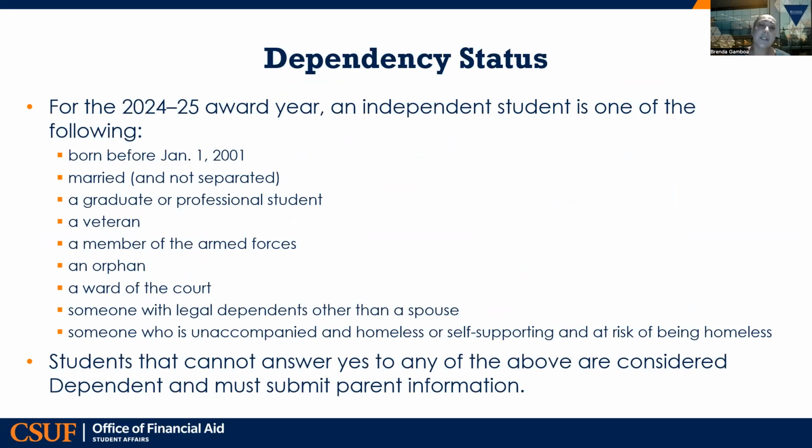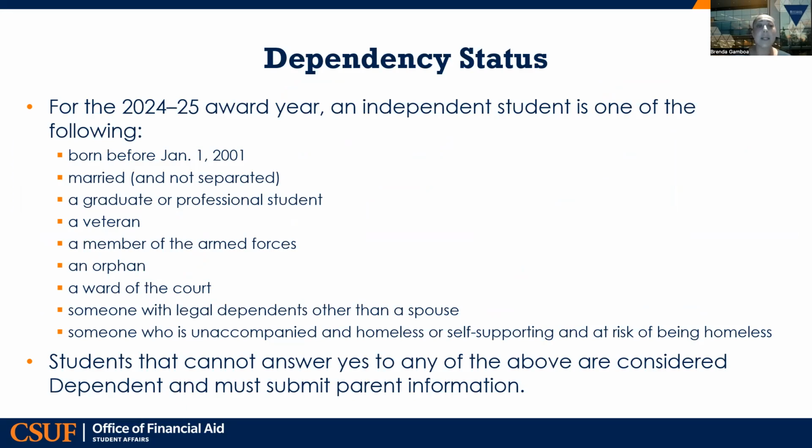A big question that we do get is dependency status. What makes a student independent or dependent? So in order for a student to be independent, they have to be born before January 1st, 2001. The student has to be married and not separated.